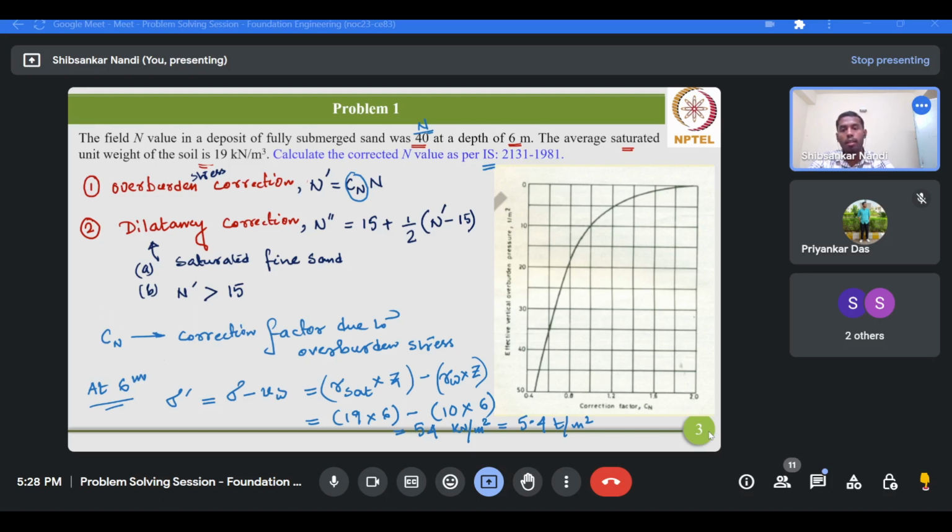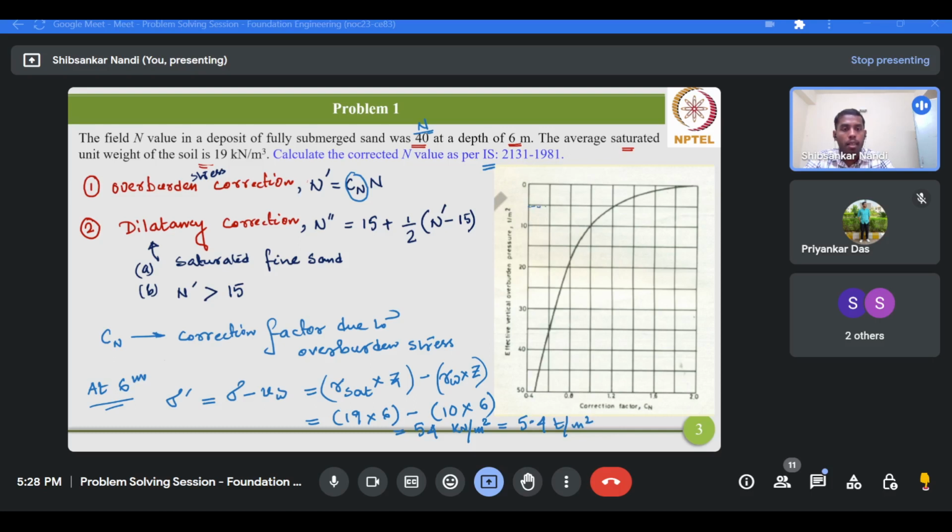Now you can easily determine the correction factor Cn for overburden stress correction. So we'll refer to this chart. This is starting from 0 here, so 0, 10, and in between it's 5. So somewhere here it will be 5.4.